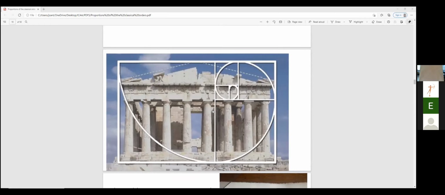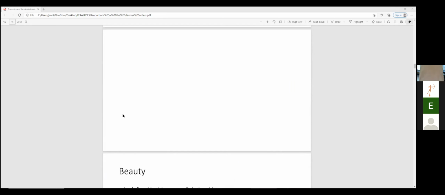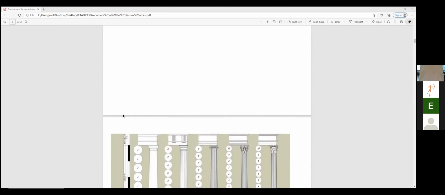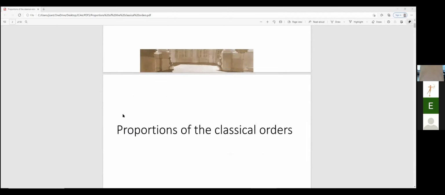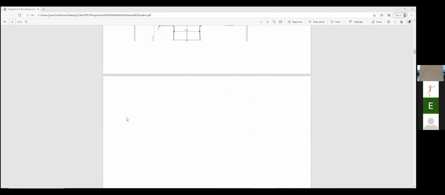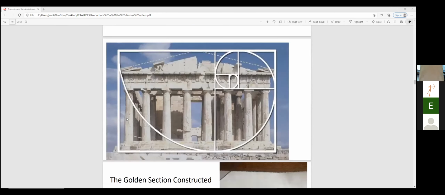If you can see this, can you see the image of the golden section on the Parthenon in ancient Greece? Can you see that? Yes. Because these columns are relatively thin. I wish I had an image of the columns before that, but what I'm saying is the earlier temples before this, the columns were over-designed because they weren't sophisticated enough to make the columns as thin as possible and maintain the structural integrity.